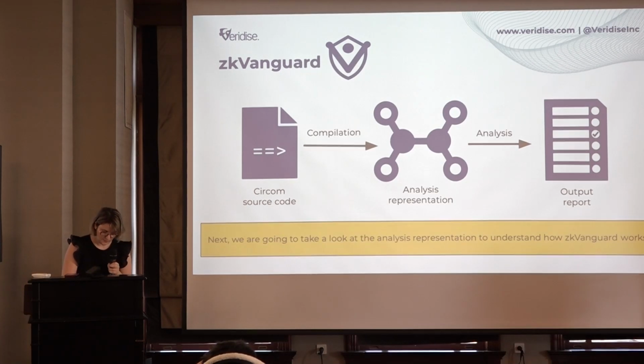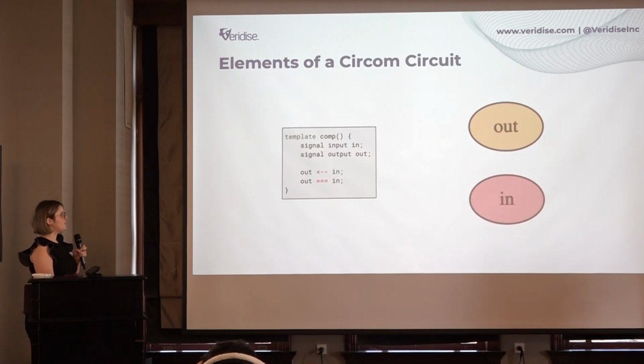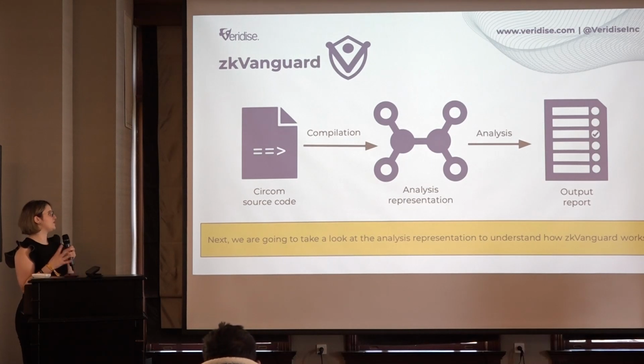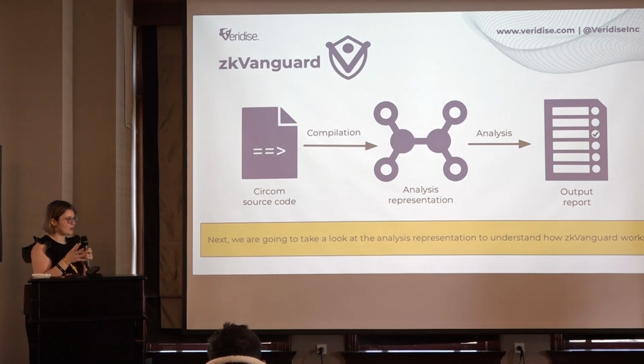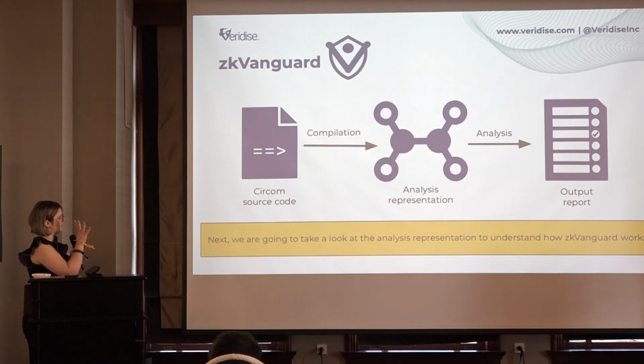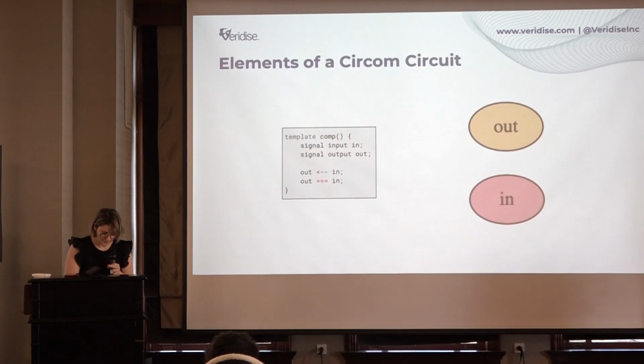Okay, so even if this analysis representation is hidden from the user, we will have a look at how it works and how we use it internally to find these vulnerabilities that I mentioned before.